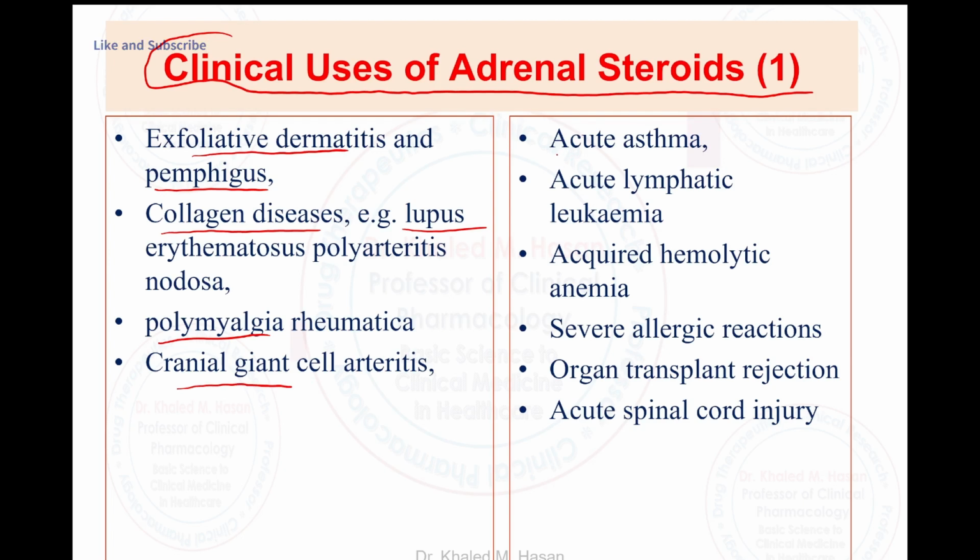Then we have acute asthma, acute lymphatic leukemia, hemolytic anemia, severe allergic reaction, organ transplantation rejection. So we use it as an immunosuppressant, and for acute spinal cord injury. All these could be indications to use adrenal steroids.